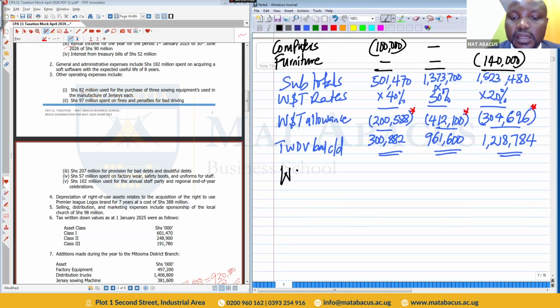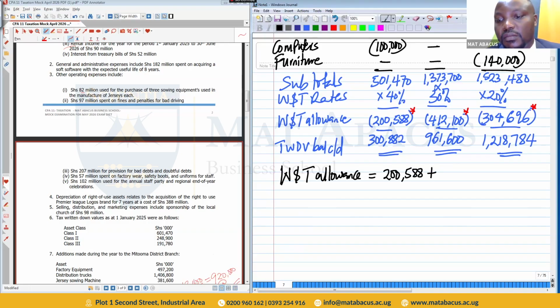Meaning that my wear and tear allowance will be 200,588 for class 1 plus 412,100 for class 2 plus 304,696 for class 3. It will be 200,588 plus 412,100 plus 304,696.